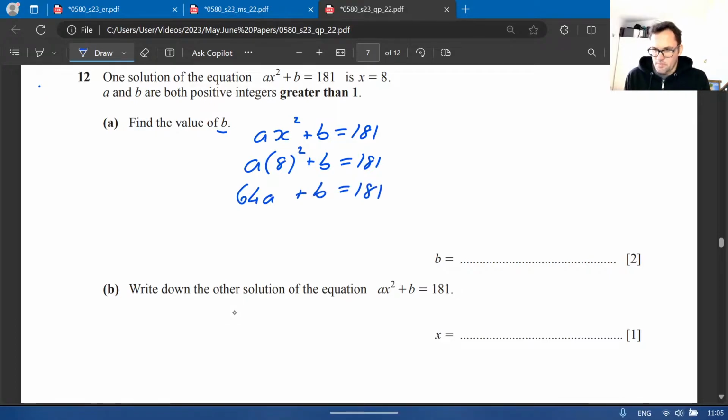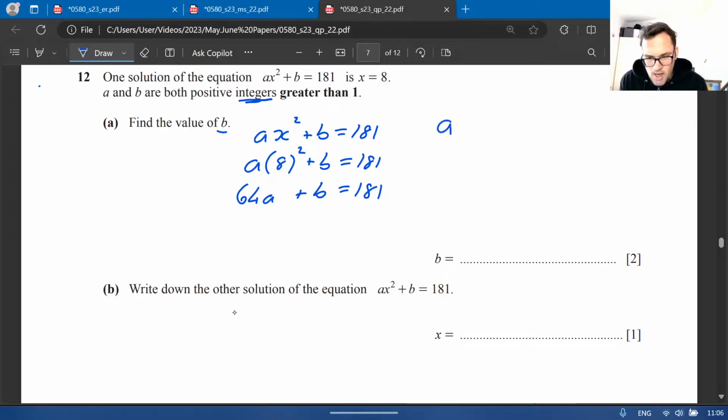What's next? Well, it tells us a and b are both positive integers. Integers, remember, means whole numbers greater than 1. So that means it could be 2, could be 3, could be 4, could be 5, couldn't be 1. So if, for example, oh goodness, there goes my pen.